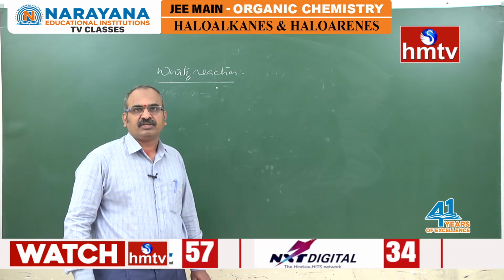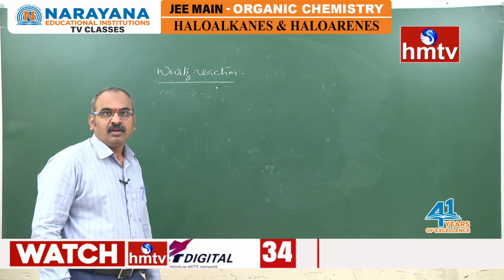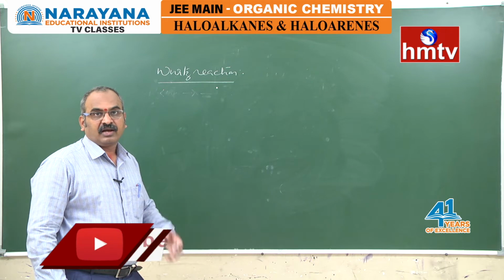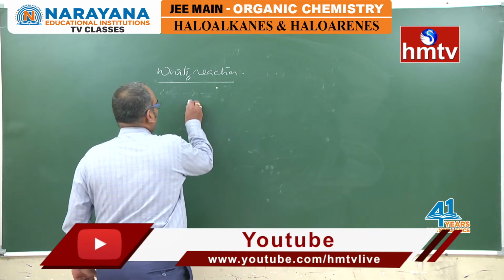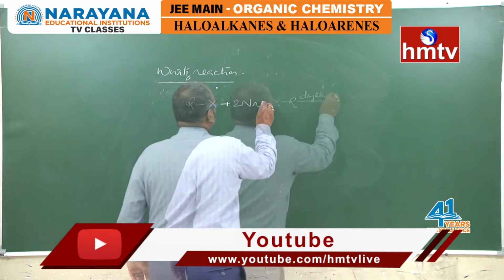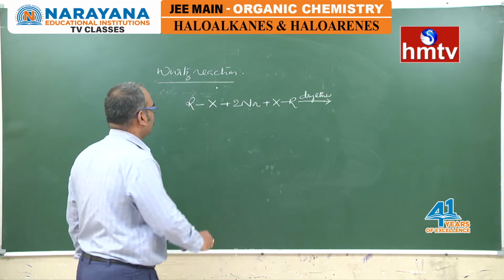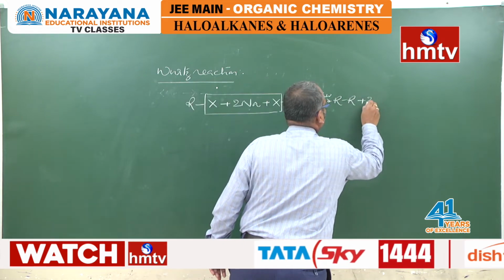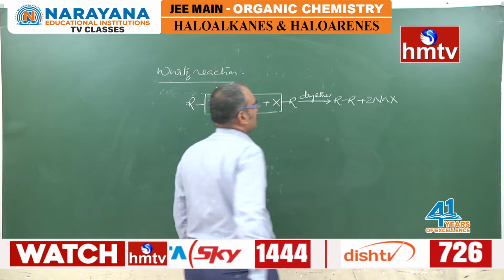called Wurtz reaction, in which the alkane formed will have double the number of carbon atoms than the corresponding alkyl halide. If you take RX along with metallic sodium in dry ether medium, we get RR plus 2NaX.